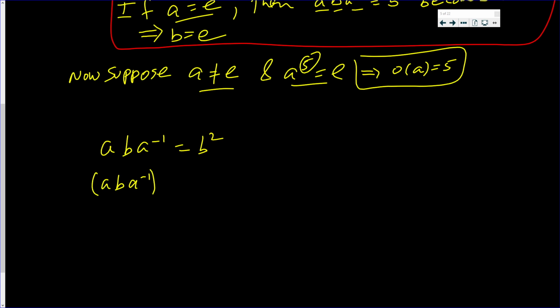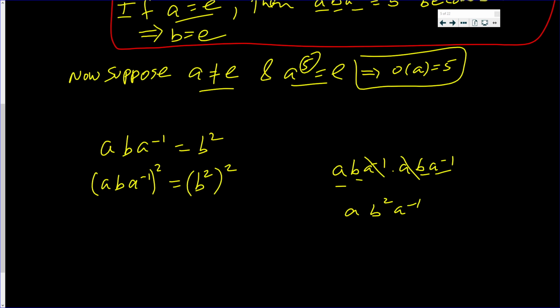Now I am going to square both sides. The left side becomes a times b squared times a inverse, and the right side is b to the fourth.